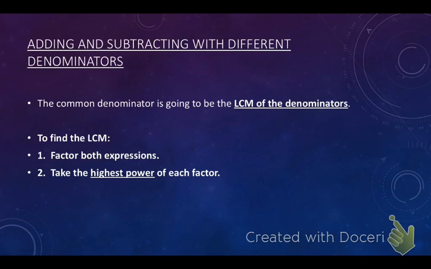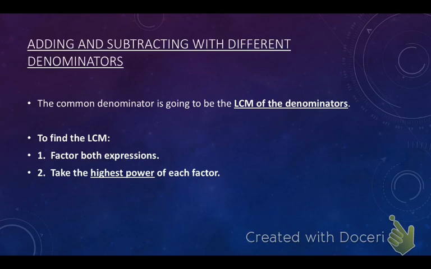You don't have to factor the top. Factor the denominator, and then look for the highest power of each factor. If you're missing something, then that rational expression will need that part. You have to make sure that everything matches.